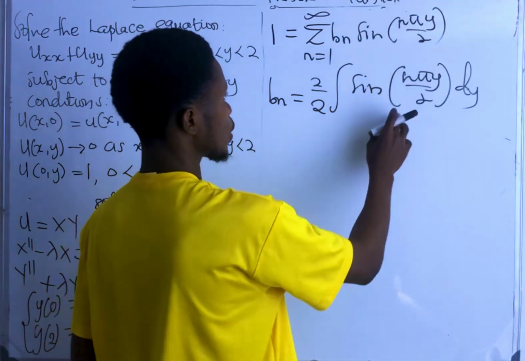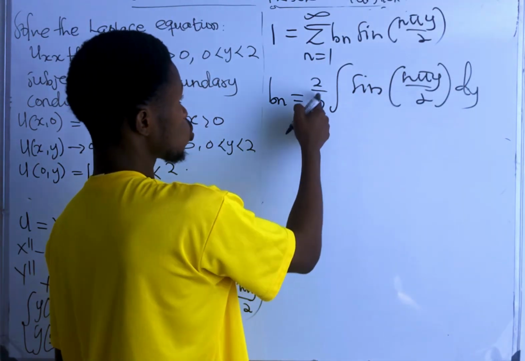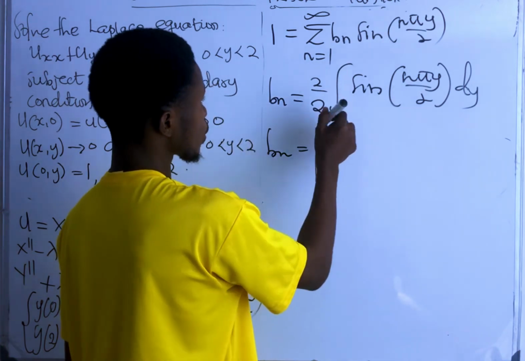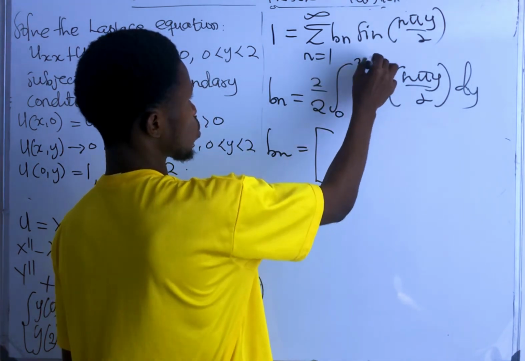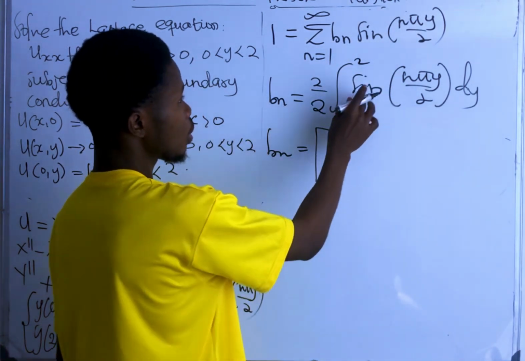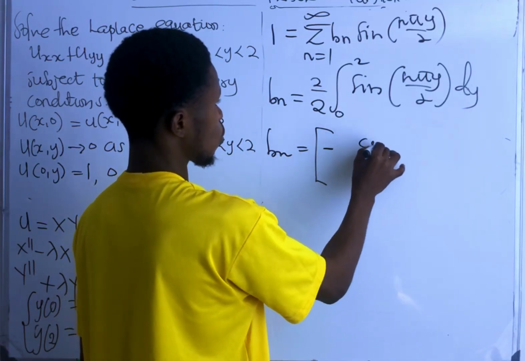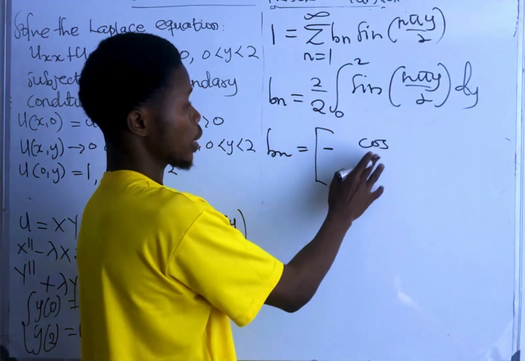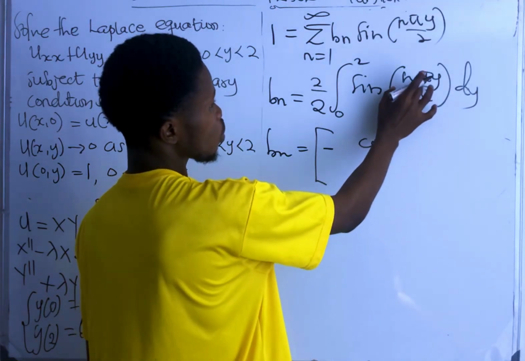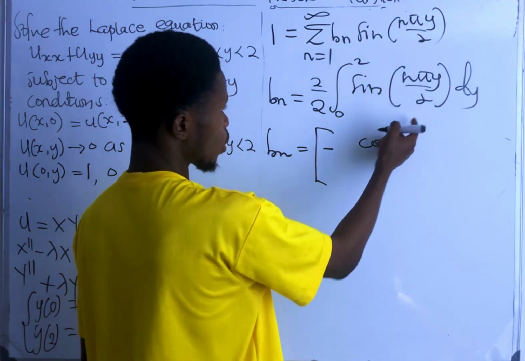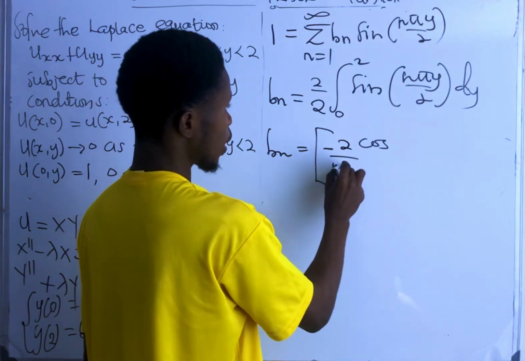Okay, so let's integrate this. This is easy to integrate. 2 over 2 is 1. So I have my bn equals, now the boundary condition is 0 to 2. If you integrate sine, you get negative cos. If you integrate this, you are going to have all divided by n pi over 2. So that will be 2 over n pi.